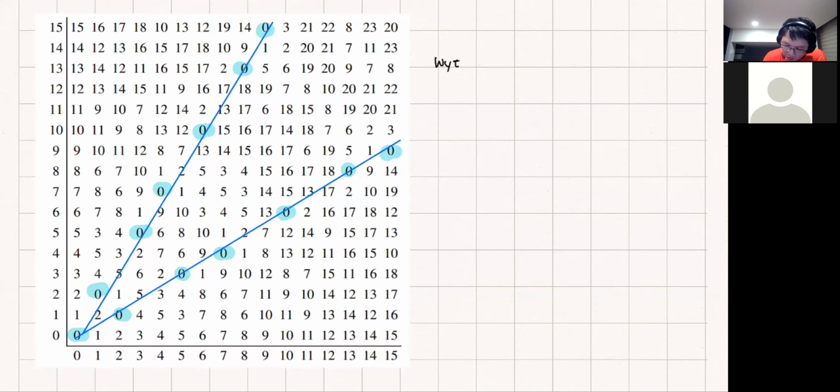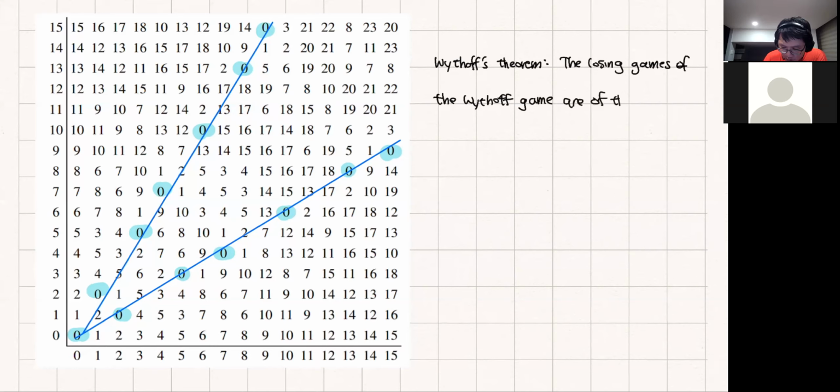I guess that's why it's named after him. So the losing games of the White-Hoff games are of the form, and I need to copy this down very carefully.